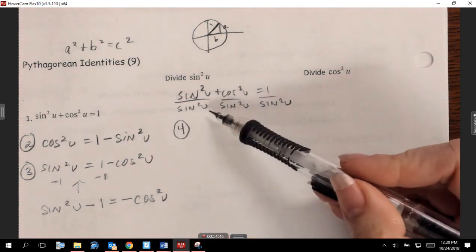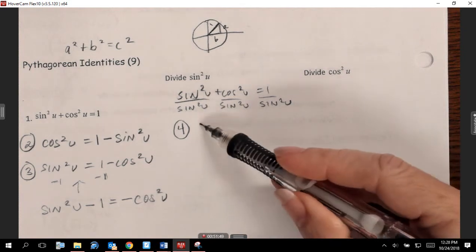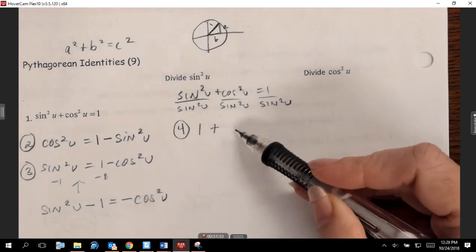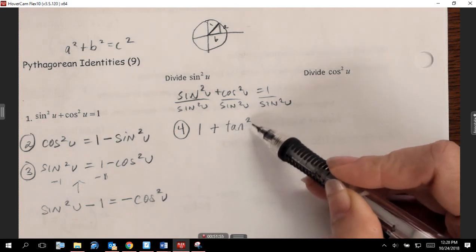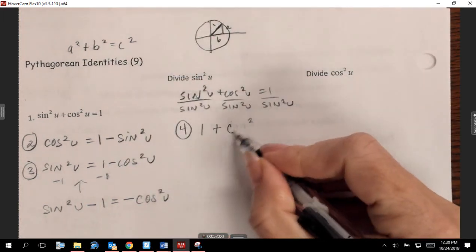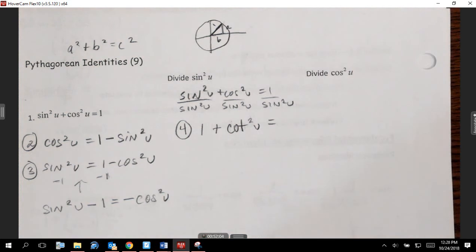So sine squared u over sine squared u is just 1. And then what's cosine squared u over sine squared u? Tangent squared u. Nope, cotangent squared u. And then 1 over sine squared u is?